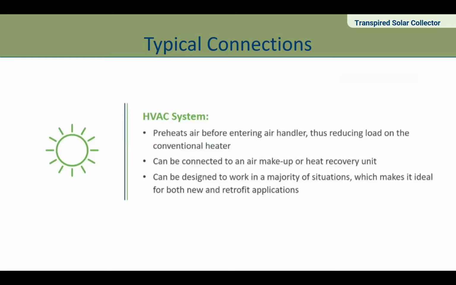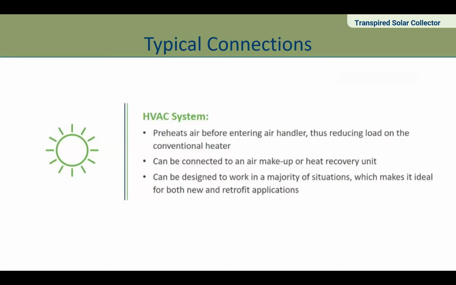So for the HVAC system, this air is connecting straight into the air handlers and reducing the load on the heaters. So instead of, like I said, in the winter, pulling in 30-degree air, you're going to be pulling in somewhere around 80-degree air temperatures, which is great.